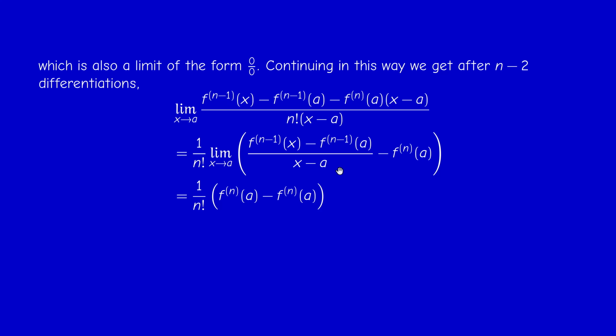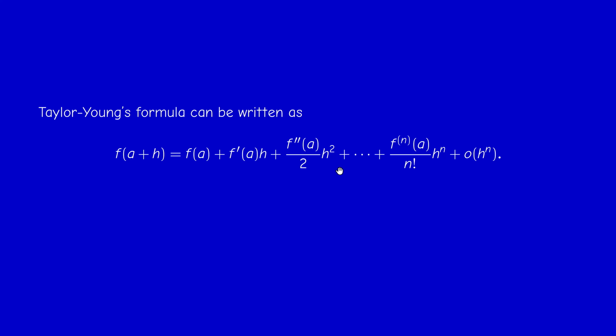I don't need continuity or anything. So this concludes, and we already observed that. We can write Taylor-Young in this form: f(a+h) equals f(a) plus etc. And the remainder is now small o of h^n, and not big O of h^(n+1). Of course, a big O of h^(n+1) is a small o, but the converse is not true.